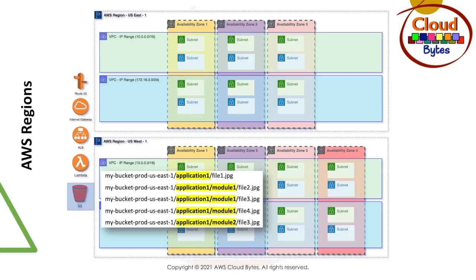So you need to have a strategy in place for bucket naming as well as the grouping of these prefixes in such a way that it meets your requirement to access S3.